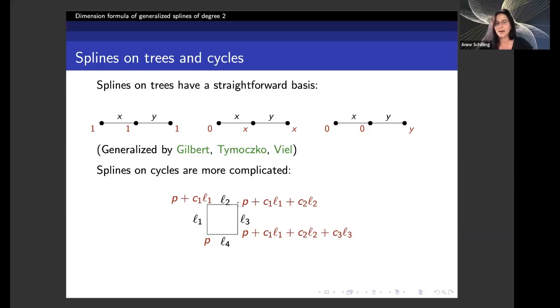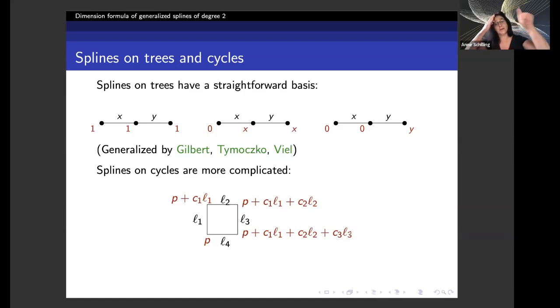Then if you go to the next vertex, we have to add a multiple of L2, so it's P plus C1 L1 plus C2 L2. Same for the next one, where I'm just adding a multiple of L3.